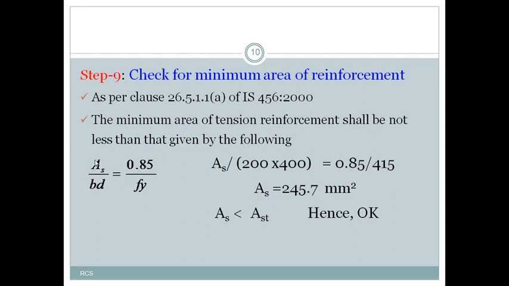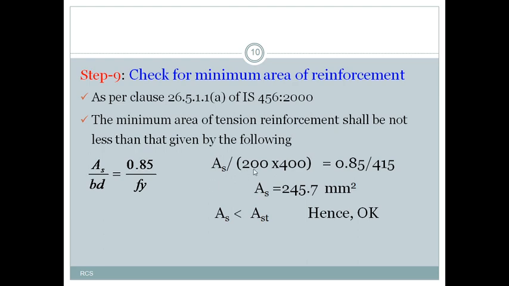So this AS is the minimum area of tension reinforcement provided in the beam. Whatever the area of steel we have calculated previously should not be less than this area. So let us check with our given specifications whether they are less than that or more than that.